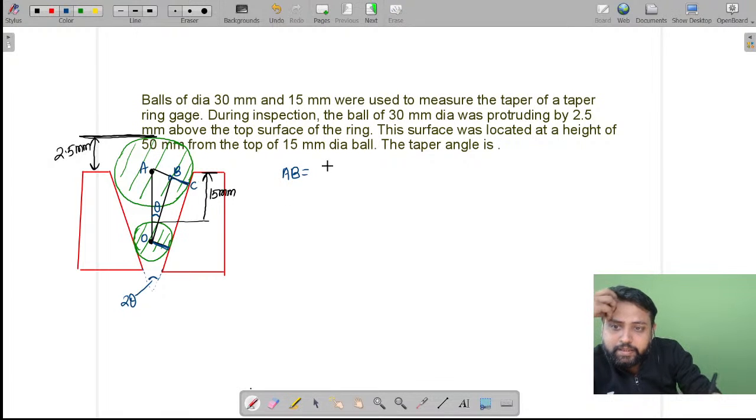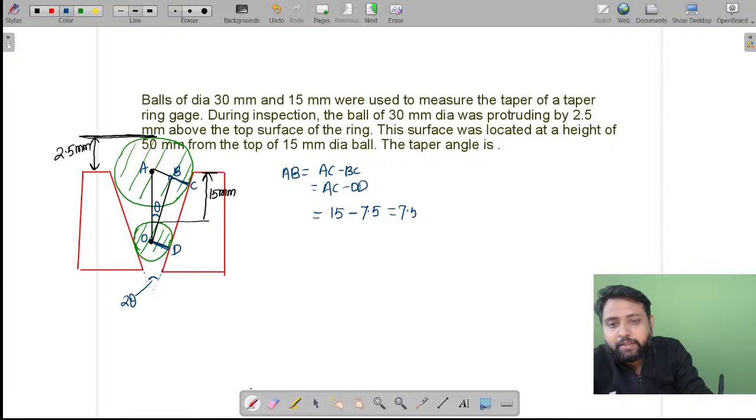Let us say this point is C, AB is equal to AC minus BC, and let us say this point is D, and AC minus BC can be written as AC minus OD. AC is the radius of the larger ball, that is the 15 mm radius ball having 30 mm diameter, obviously, and OD is what? 7.5 mm. So this value will become 7.5 mm.